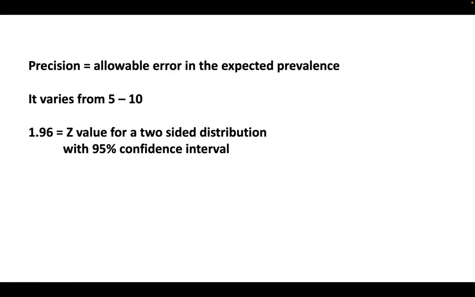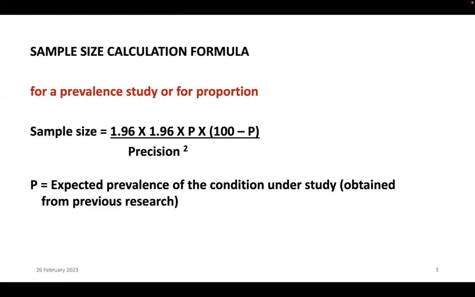Okay, sir. This Z alpha value, this constant that is used, is a Z value for alpha error of 5%, or Z value for 95% confidence level. That is 1.96. So, 1.96 multiplied by 1.96, multiplied by prevalence, multiplied by 100 minus prevalence, divided by precision squared.